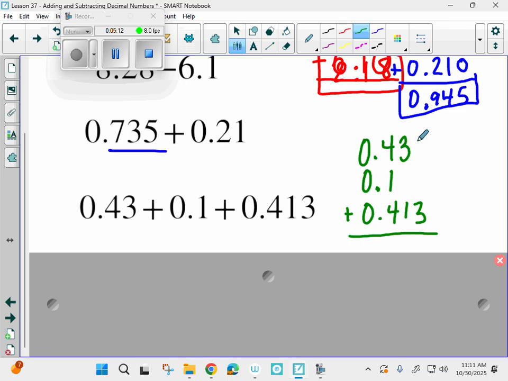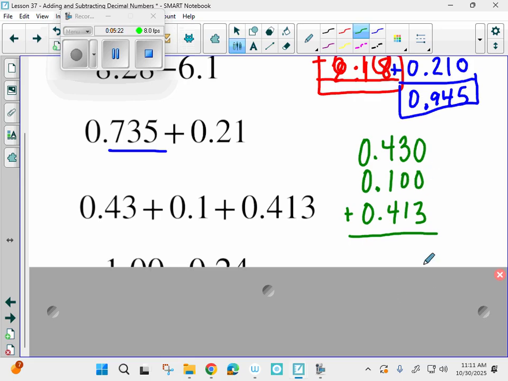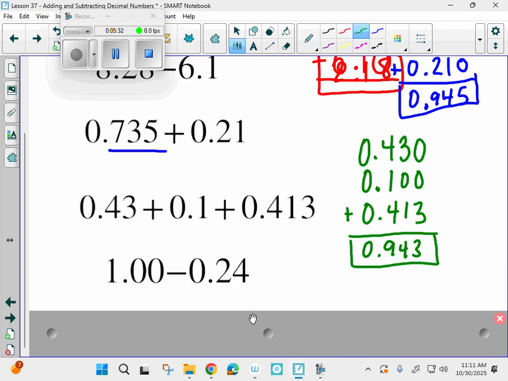Okay, and Arlo, how many should I add to this number? I would go 2. Yeah, just 2. Okay, now I'm going to add these down. Anusha, what'd you get? I agree with you, 0.943.